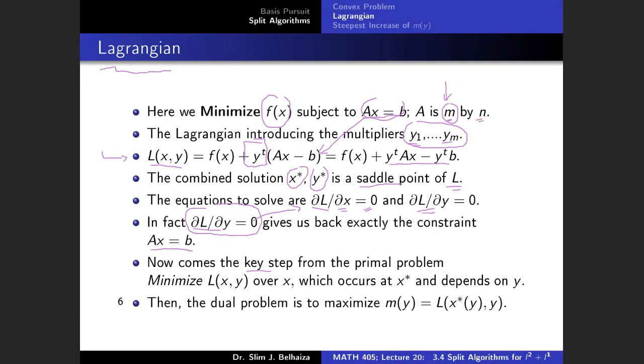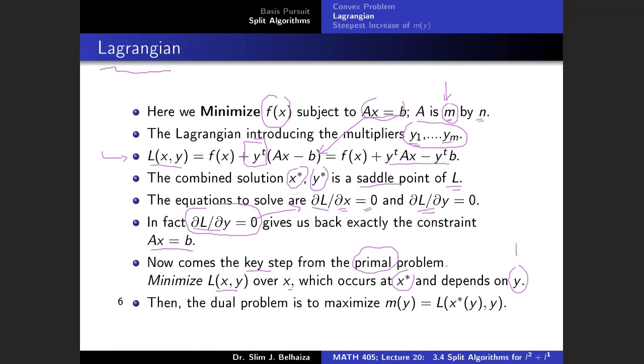We call this the primal problem, and you'll see later on why we have to talk about it. Those who did at least one operations research course know that when we talk about primal, it means that we are going to talk about the dual problem, which is to minimize L(x, y) over x. The minimum occurs at x star and depends heavily on the y you choose.